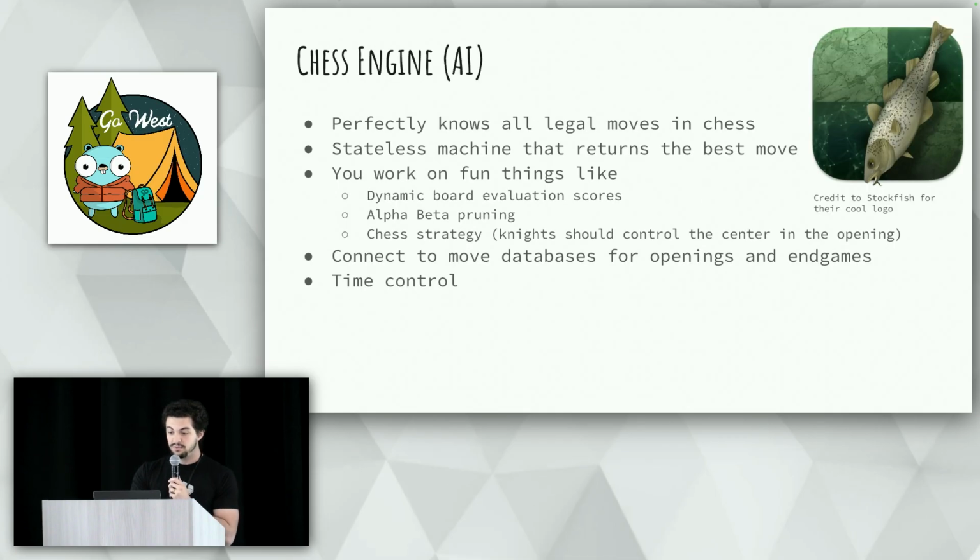And also, you can make the chess engine itself, right? So if you don't know, a chess engine is a stateless machine. It takes a board position and returns what it thinks is the best move. You can have it stop based on how many nodes it searched or some depth or all sorts of things. But picture Stockfish. It's an open source chess engine. It's the best one, actually.